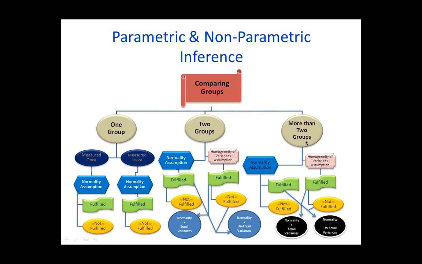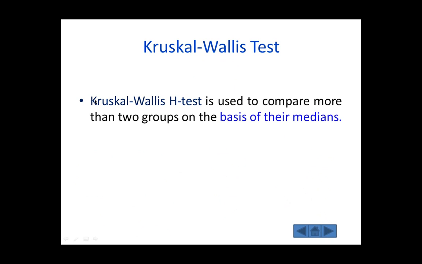Okay. Finally, what to do when we have more than two groups to compare and we do not have normality with our data. Consider this case. We have more than two groups and we are checking normality and normality is not there. In such a situation, the Kruskal-Wallis H test is used, and again the comparison is switched from means to medians.